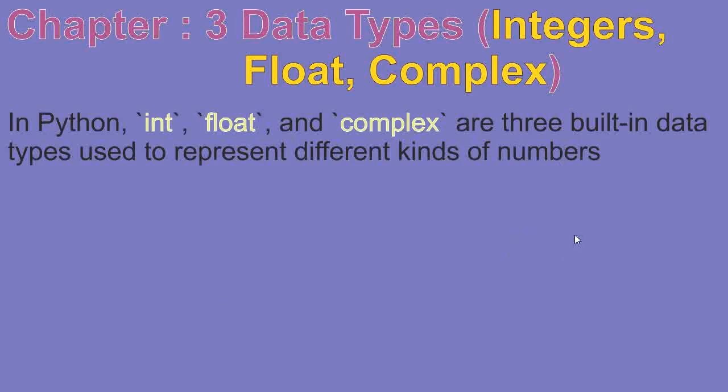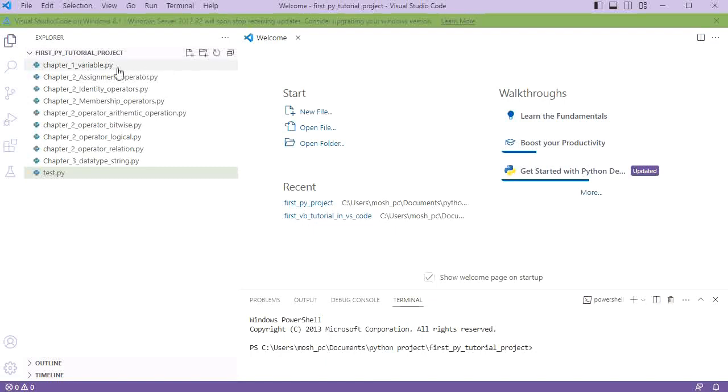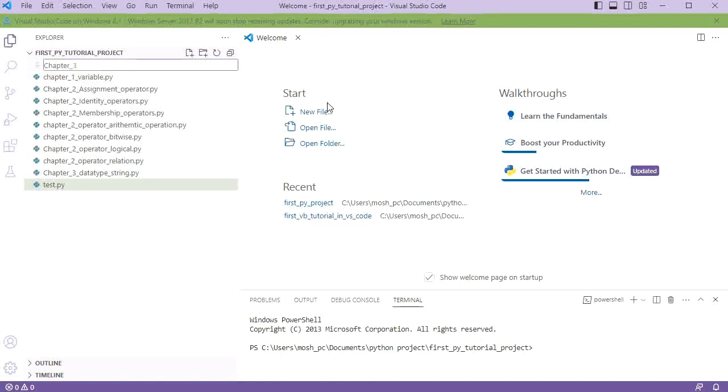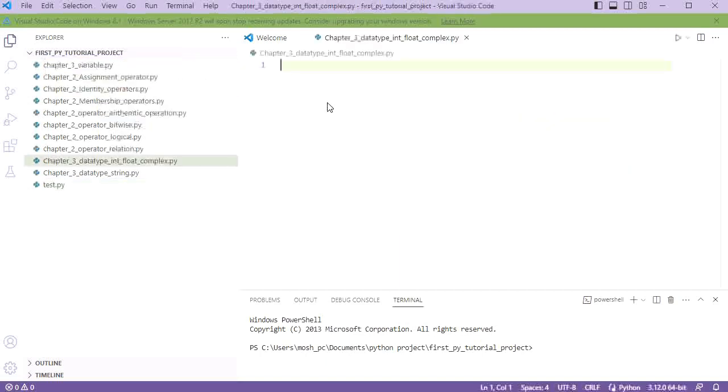So, let's get started. First of all, we will create a new file, as we did before. Here we will first discuss integers.